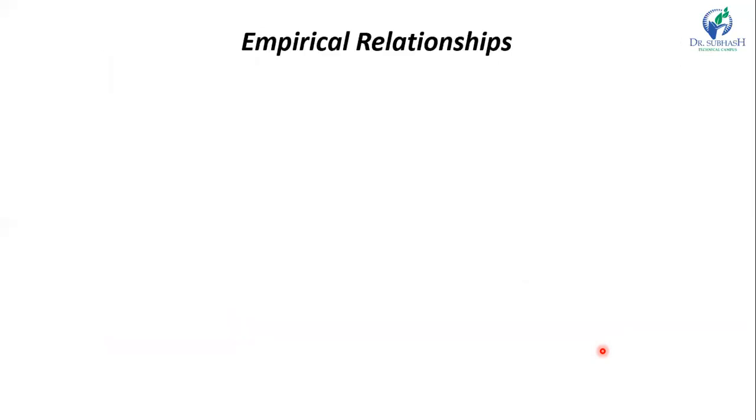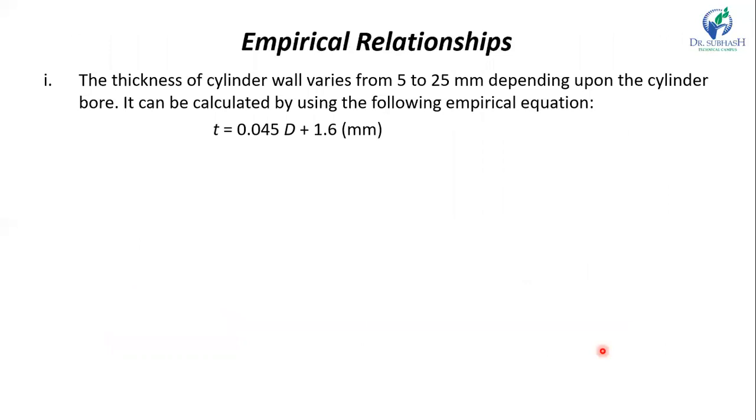Now, there are some empirical relations for the cylinder. The thickness of wall, which varies from 5 to 25 mm depending upon the cylinder bore, can be calculated using the empirical equation T is equal to 0.045 D plus 1.6 millimeter.